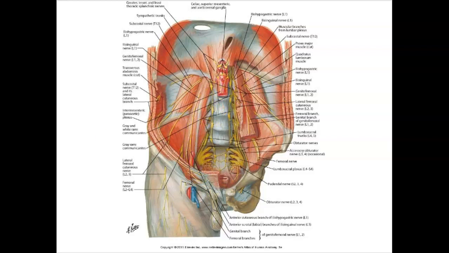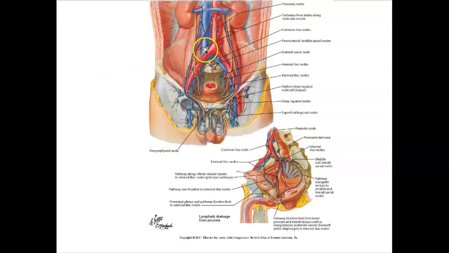I talked about the common iliac arteries here as they bifurcate off the aorta, the common iliac veins, and then the internal iliac arteries and the external iliac arteries and veins on each side. You can see that. And then the ureters, another thing you'll see coming down from the kidneys. Remember that these are retroperitoneal.